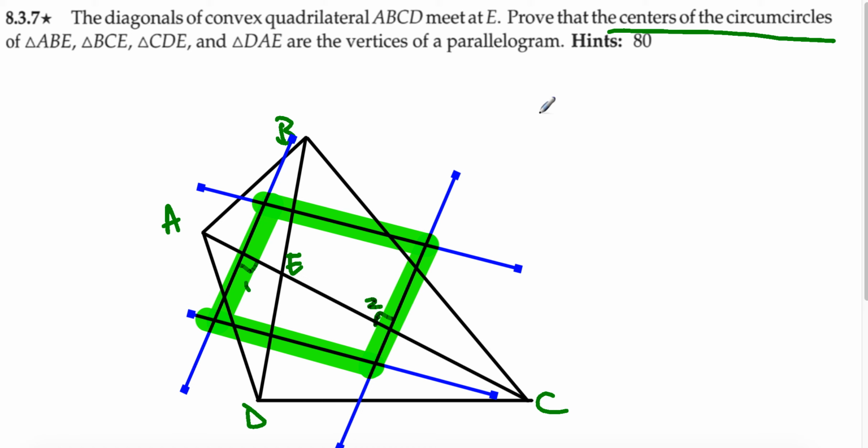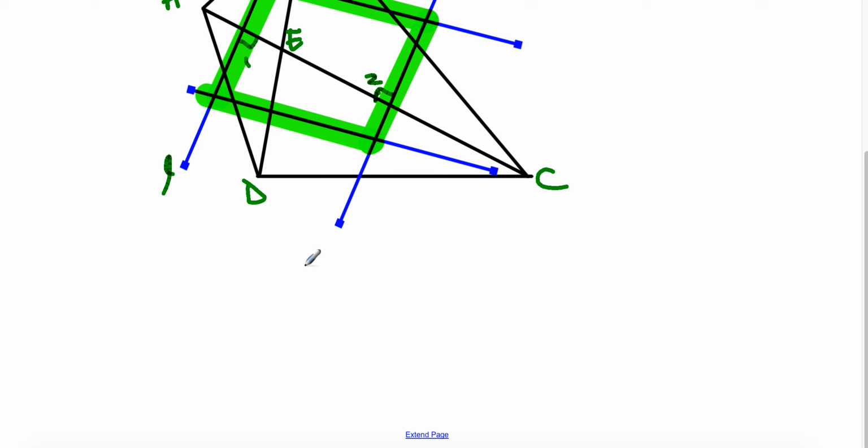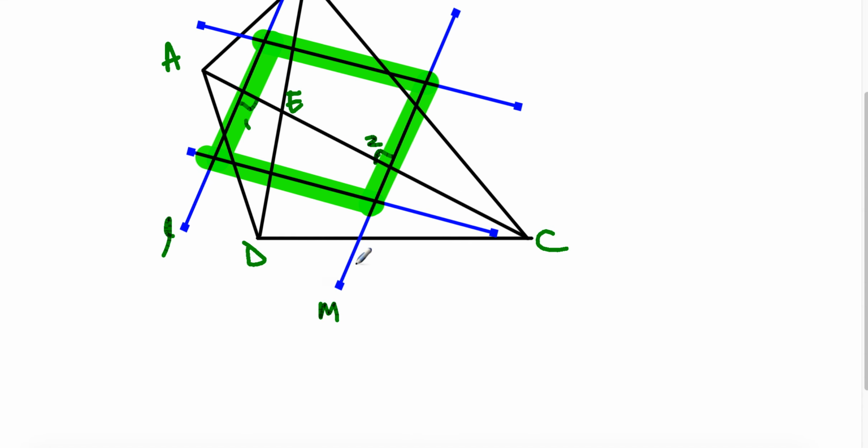Angle 1 is congruent to angle 2 because they are right angles. But since 1 and 2 are alternate interior angles, we get to realize that line L and line M must be parallel.